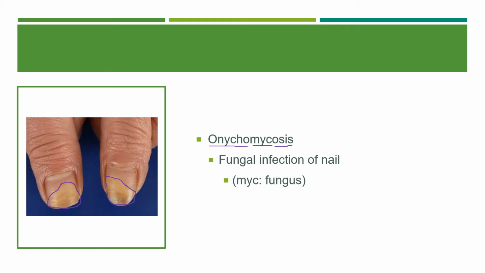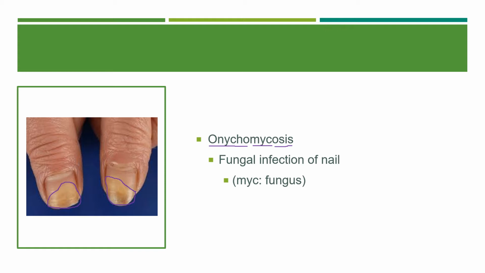Well, we see a lot of it with artificial nails. Having artificial nails can allow fungus to get trapped underneath them. And then when it does, you can end up with onychomycosis, a fungal condition of the nails.